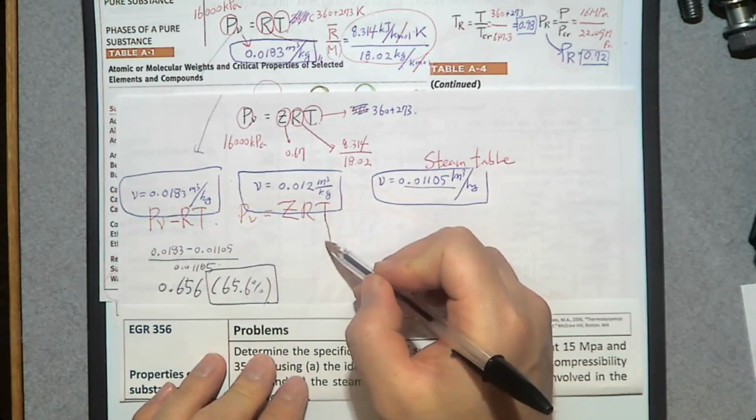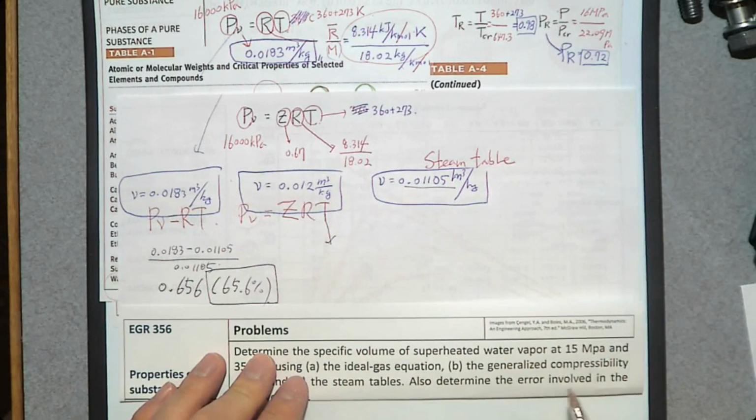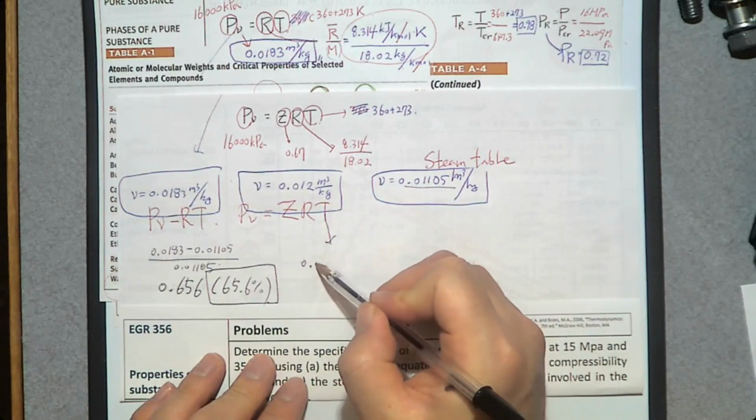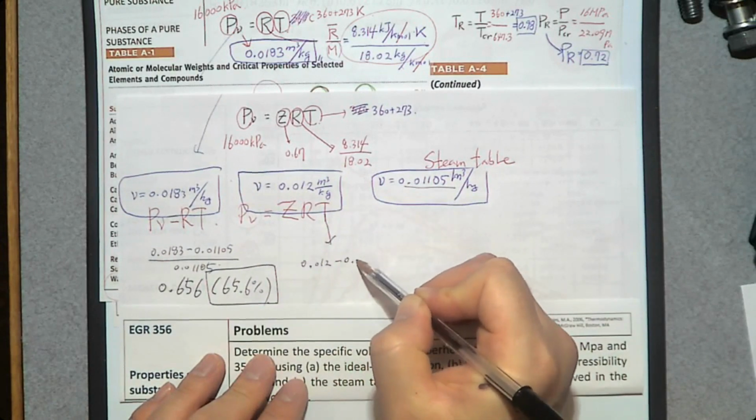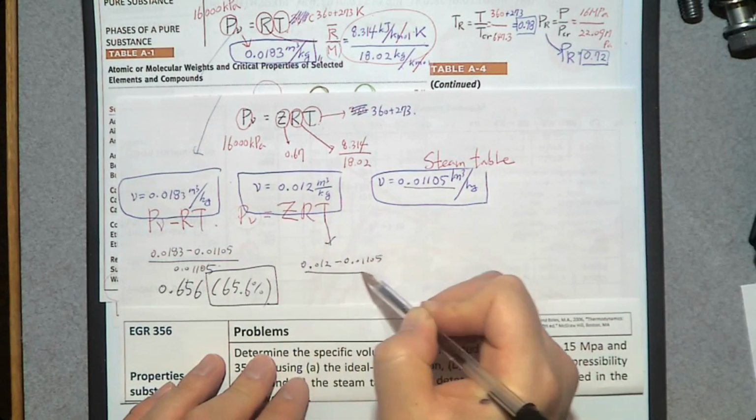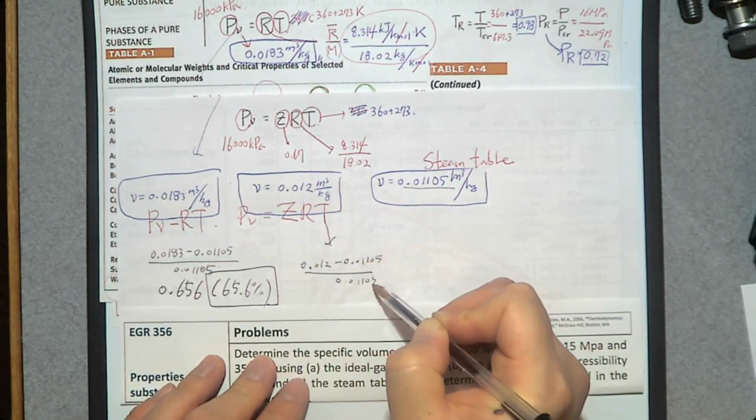What about if we use the compressibility chart? What is the error? 0.012 minus 0.01105 divided by 0.01105.